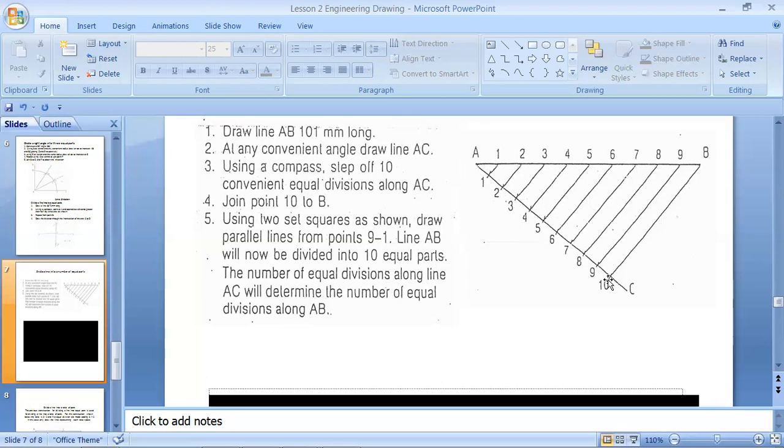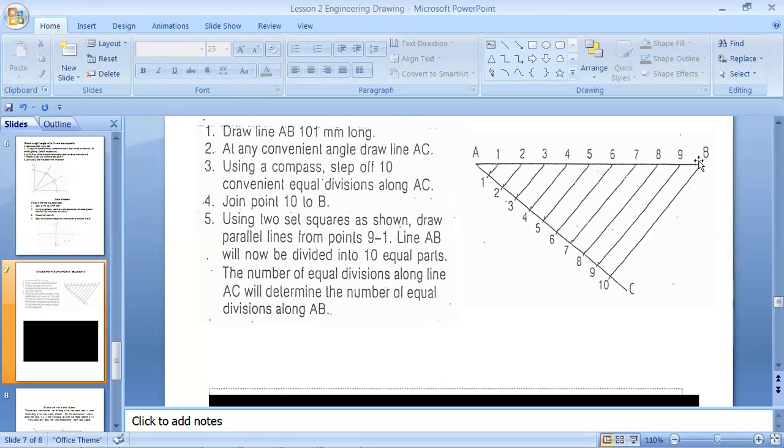Always join the last intersection here to the end of the line. Always, that's a rule. When you connect the last point to the end of the horizontal line, we need to use 2 set squares, right?